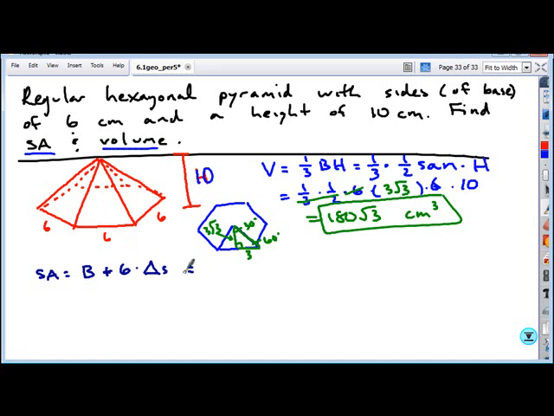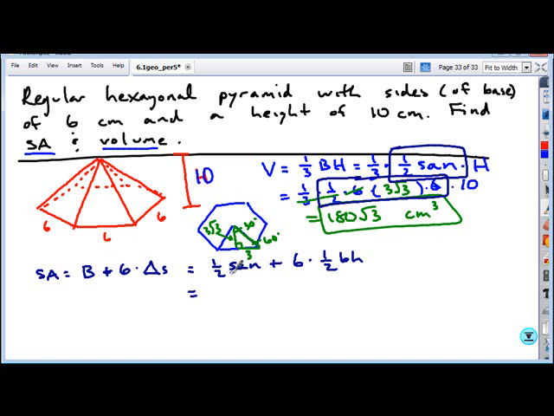Our base has a formula of one half S A N, which is right here. I'll put it in the generic form first, and then to that we're going to add 6 times the area of the triangle, one half base times height.